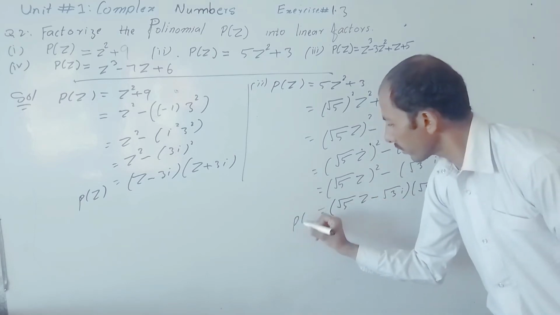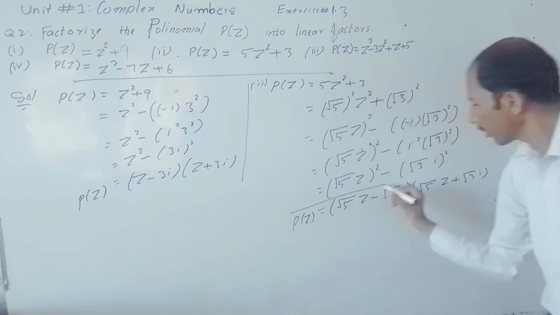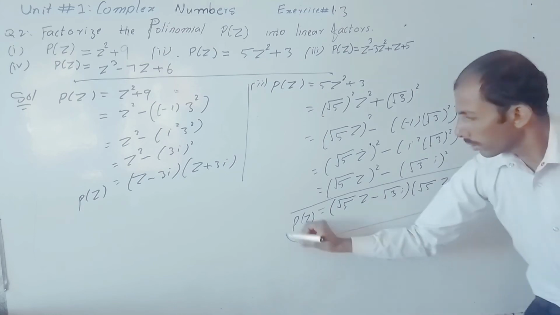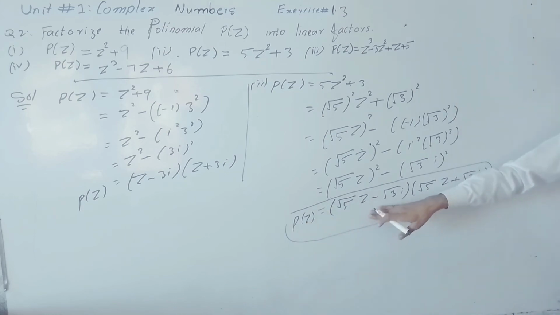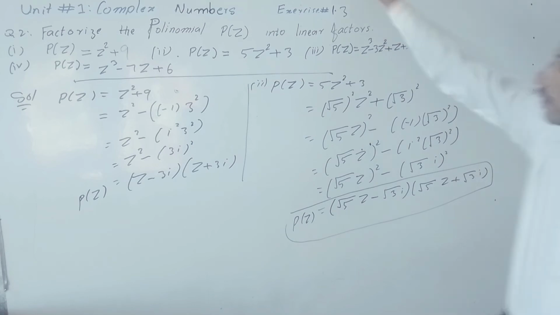So p of z is equal to under root of 5 z minus under root 3 iota, under root of 5 z plus under root 3 iota, which is the required solution. Next, part number 3.